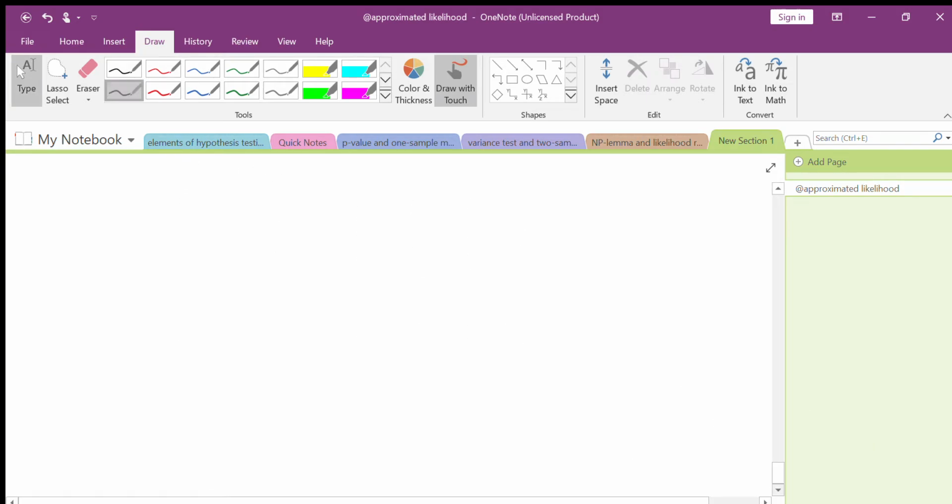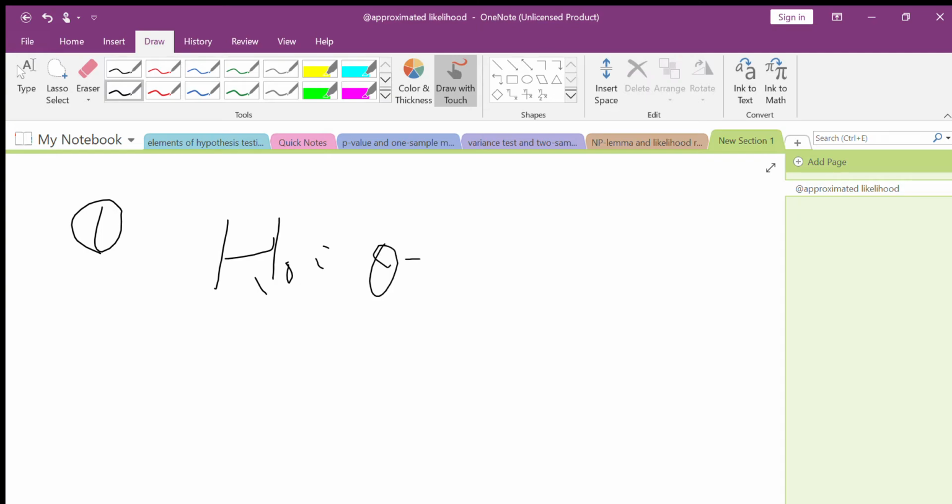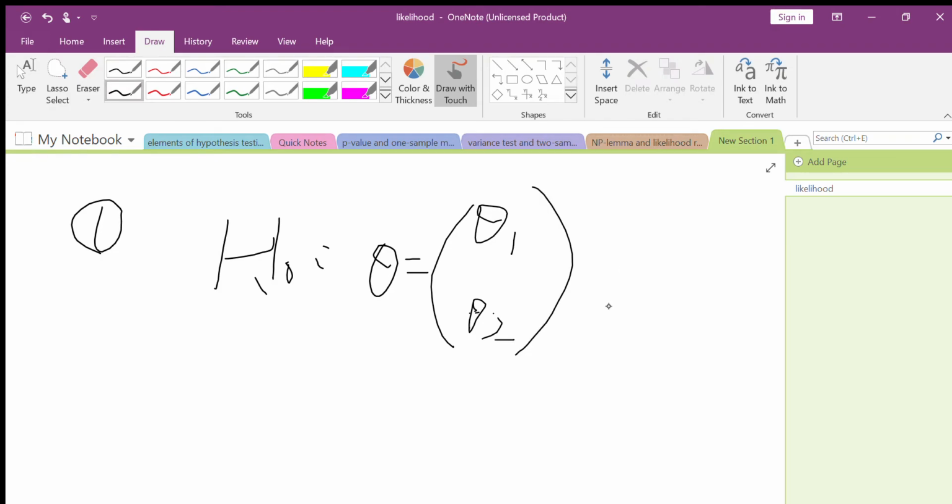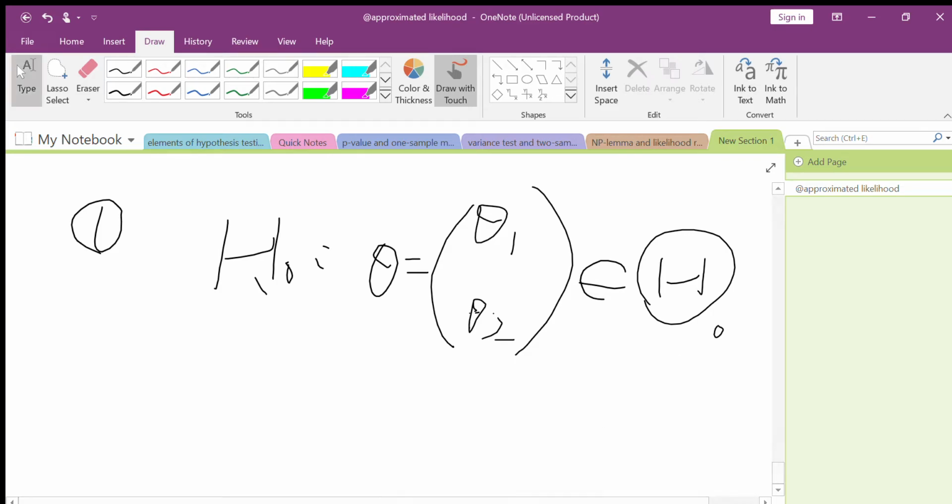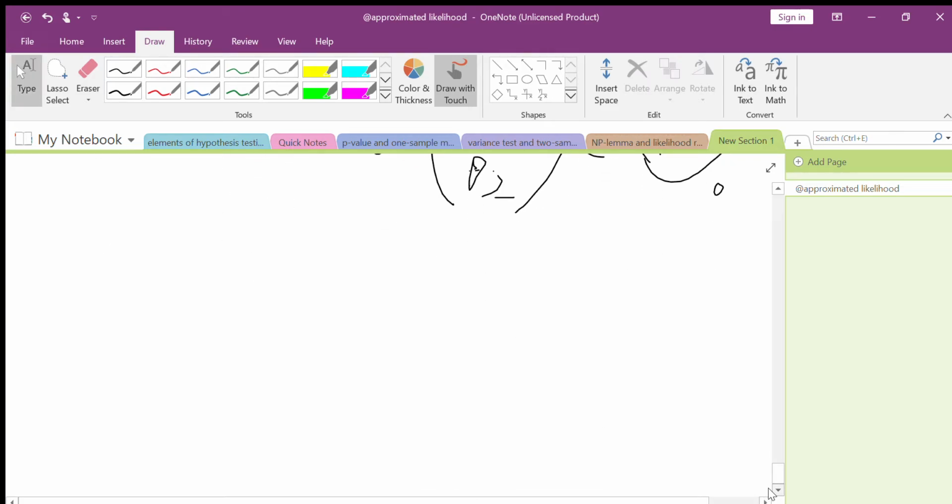So the first step is to rewrite the hypothesis in the perspective of parameter space. So H null is, so theta has two parameters, theta 1, theta 2, in the null parameter space. So what is capital theta 0?